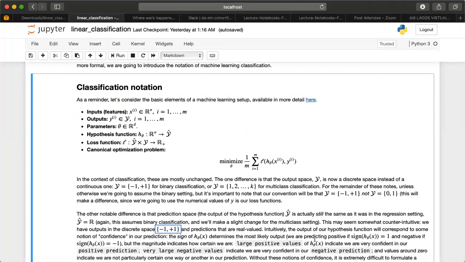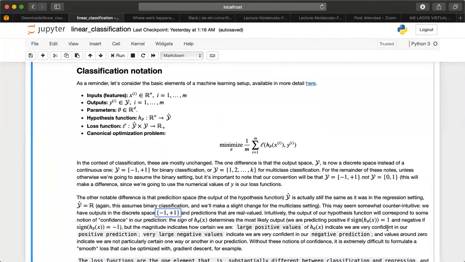We predict positive if the sign of H is 1, and negative if the sign of H is -1. But the magnitude indicates how certain we are. Large positive values of H of X indicate we are very confident in our positive prediction, and very large negative values indicate we are very confident in our negative prediction.